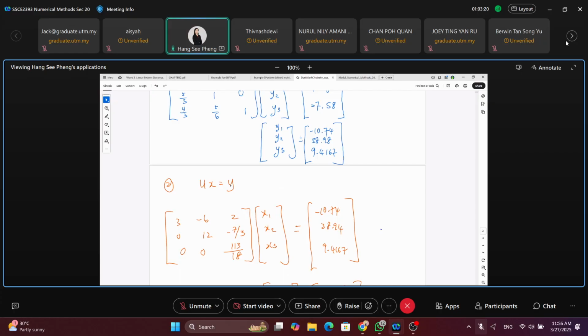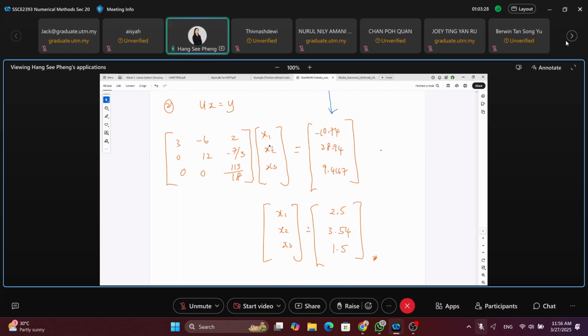So what is y? Y you just calculated. You bring it here. And now solve for the x using backward substitution. You can show it one by one, for example x3 equals 9.4176 over 18, and then x2 minus 7 over 3 x3 equals, also can, no problem.